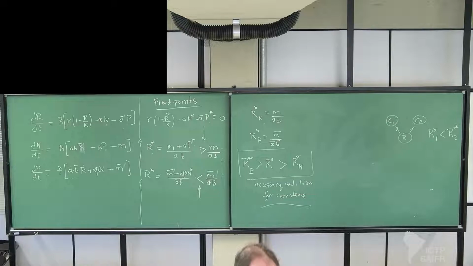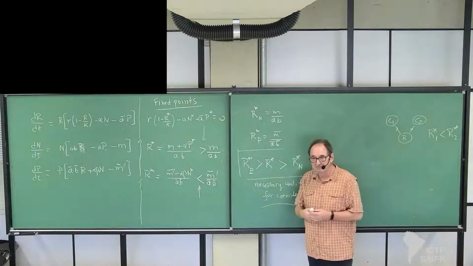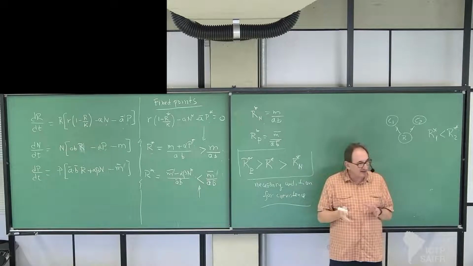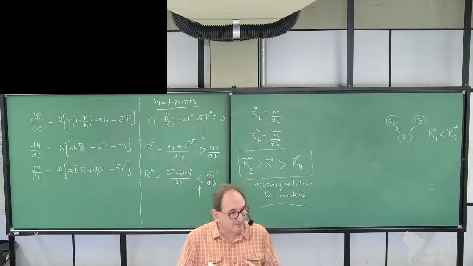But we can do something intuitive, because the best competitor has to be the prey. If the resource is very abundant, which depends on K and R, super abundant, then competition will not be so important.